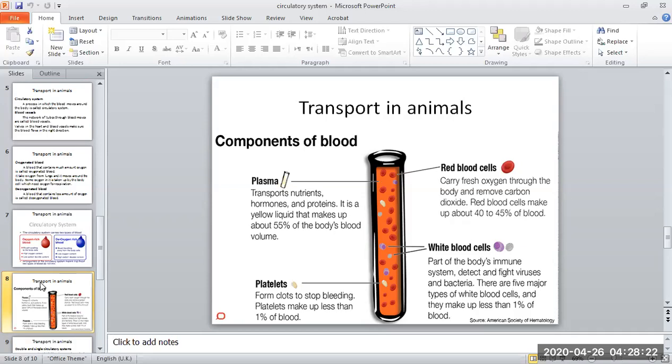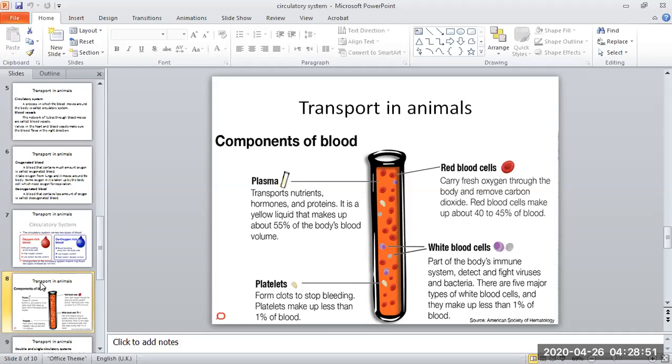You know, when our body is cut from anywhere, then the clotting stops the blood. If these cells are less, then the blood will not stop until all the blood is finished. And red blood cells carry the oxygen throughout our body, and they are about 40 to 45% of our blood.